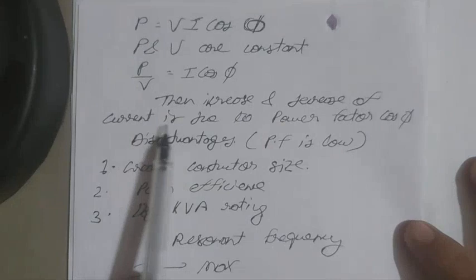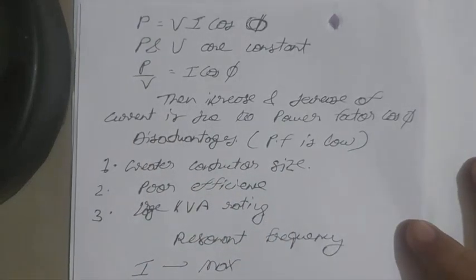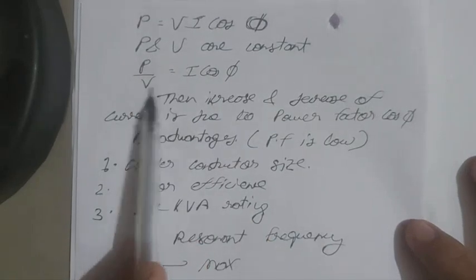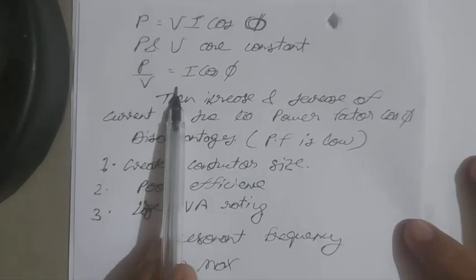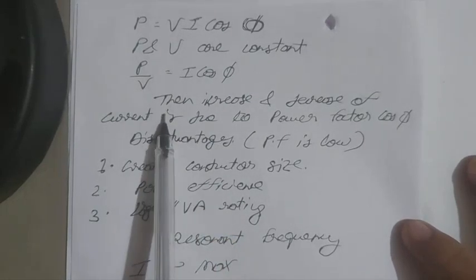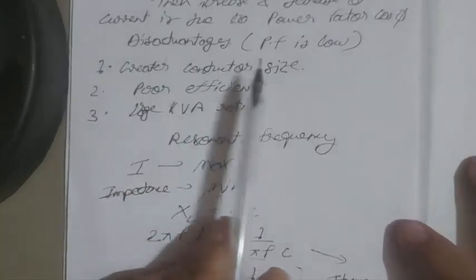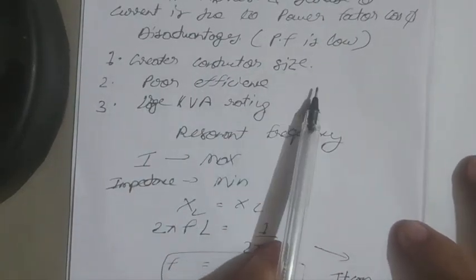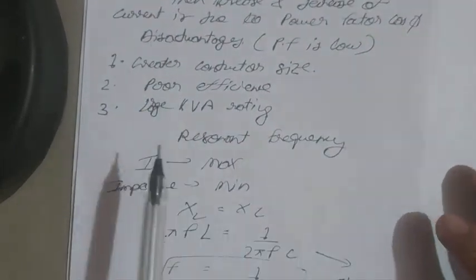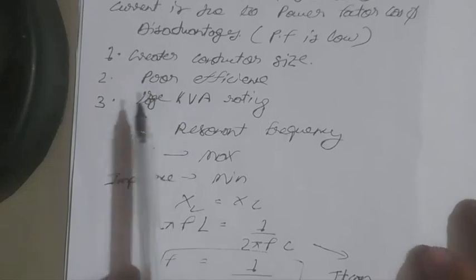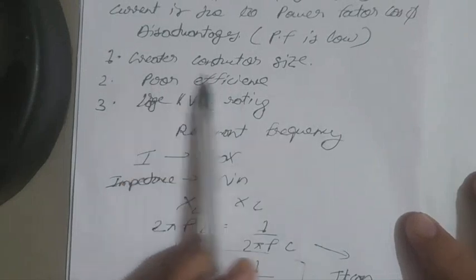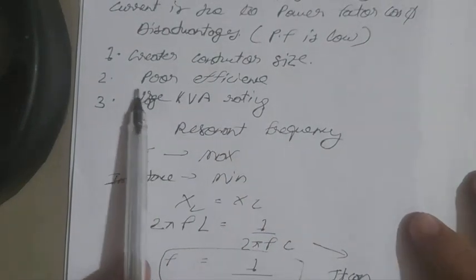Then the increase and decrease of current is due to the power factor cos phi. If the power factor increases, the current will decrease, because PV is constant. And if cos phi decreases, the current will increase. So its disadvantages are, first, greater conductor size, because if cos phi is less, then current is more and we have to use greater conductor size.